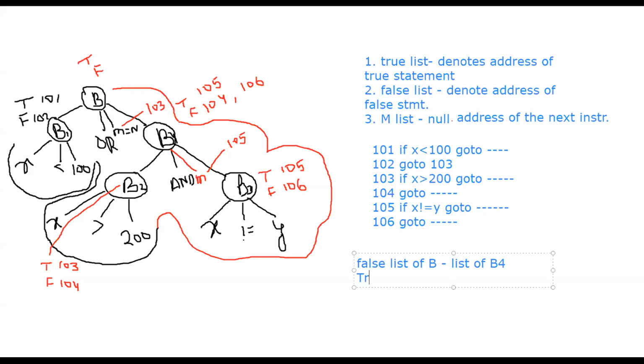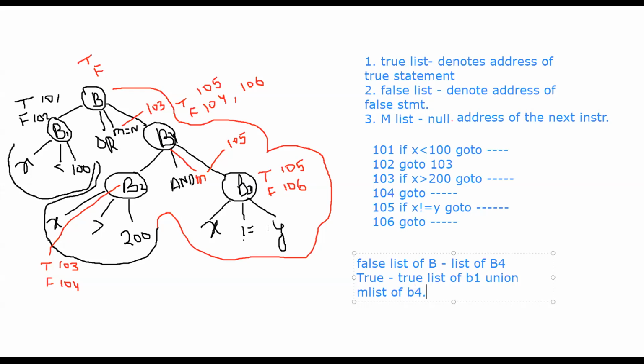And what will the true list contain? It will contain the true list of B1 union the true list of B4, the M list of B4, right?